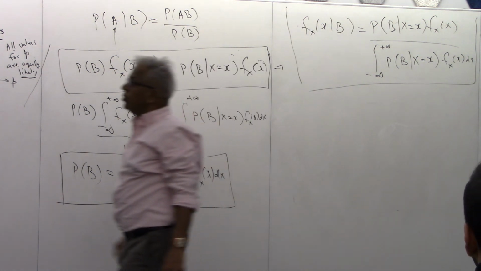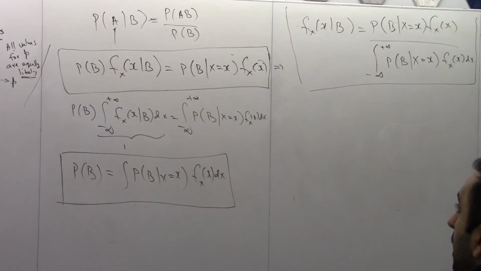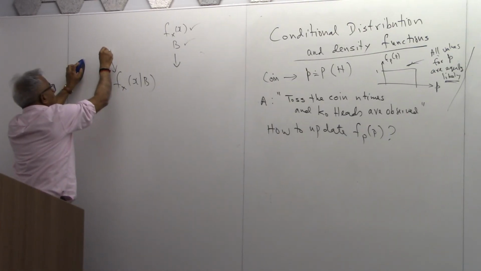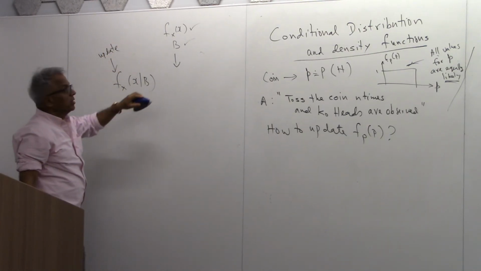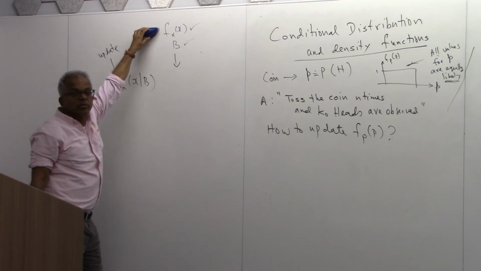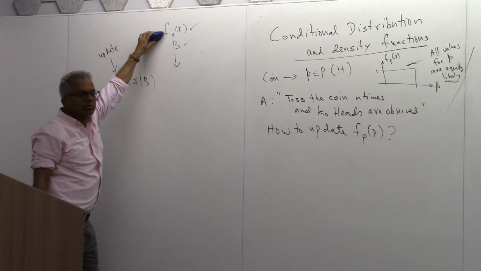So the question is, how do you update it? We have the answer here. So how do you update these two is f_X(x | B). You learned something, and you use this experience to update your previous position.